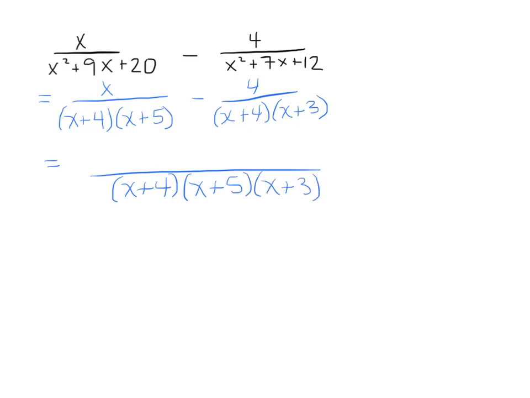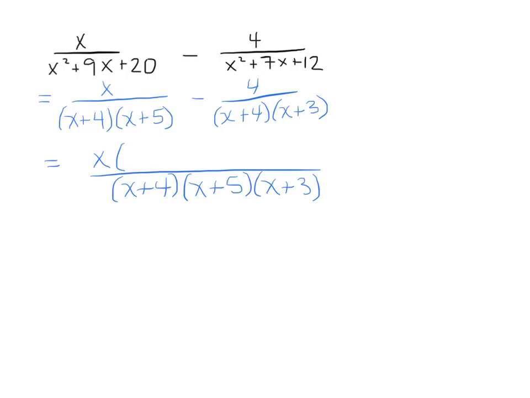And so when I take that x, that's the first numerator, what do I have to multiply it by? I'm not going to multiply it by all three of them, right? Because I'm just trying to change that first denominator into the new denominator. So it's just the x plus 3. It's just the factor from the denominator that's not already in that denominator.